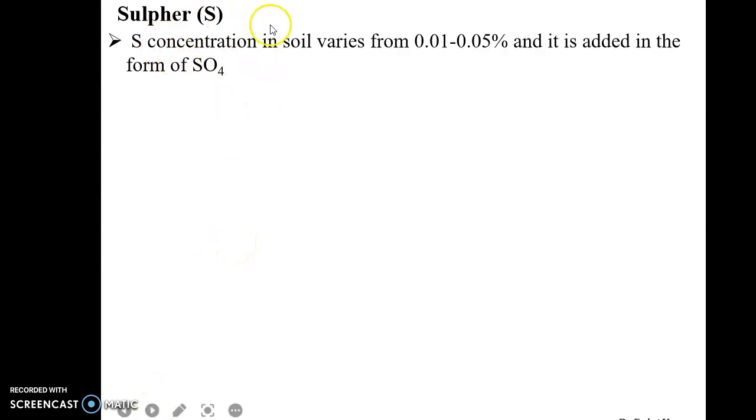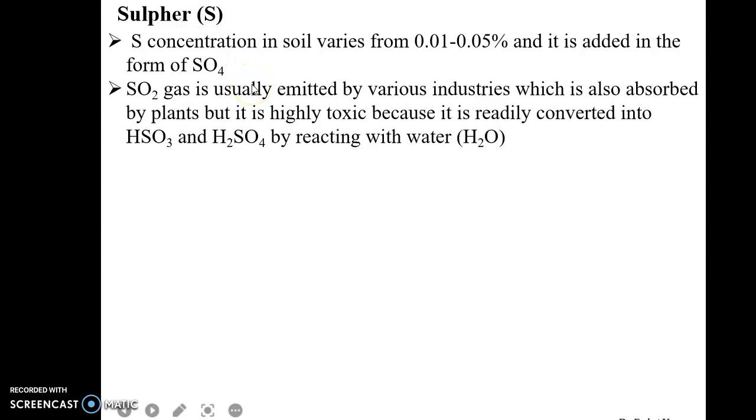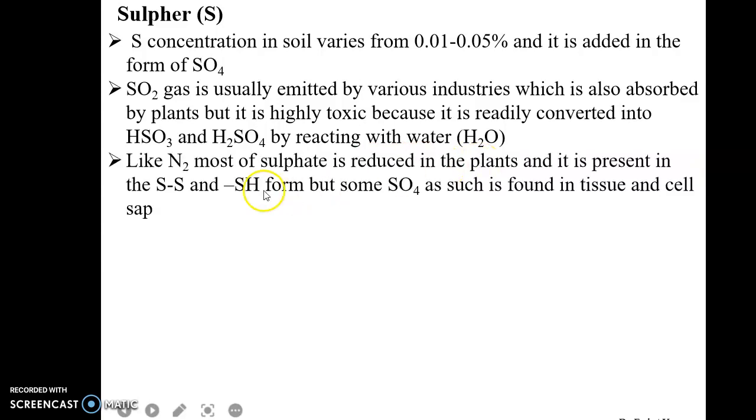First of all, sulfur concentration in soil varies from 0.01 to 0.05%, and it is also added in the form of SO4. Sulfur dioxide gas is usually emitted by various industrial waste, which is also absorbed by plants, but it is highly toxic because it is readily converted to sulfuric acid by reacting with the water present in the environment.